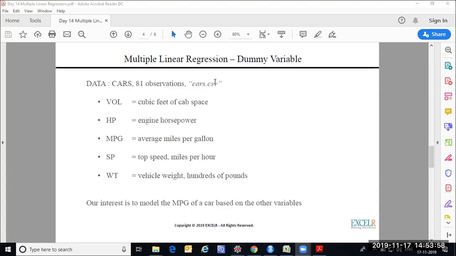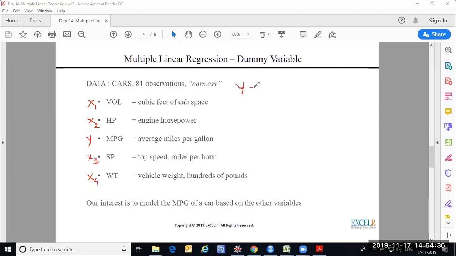Now, what is the output variable in this data? MPG, right? And the remaining are input variables, x1, x2, x3, and x4. Now, what should be the equation to predict the output value of y? What should be the linear regression equation?